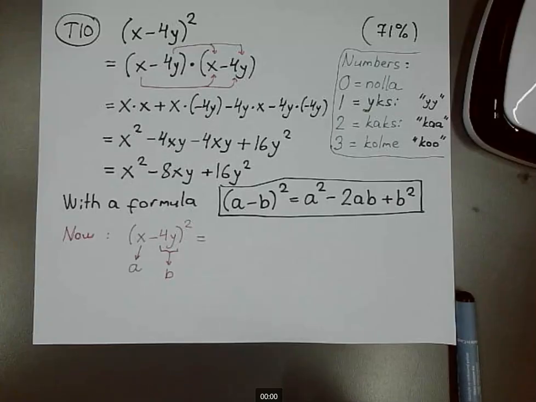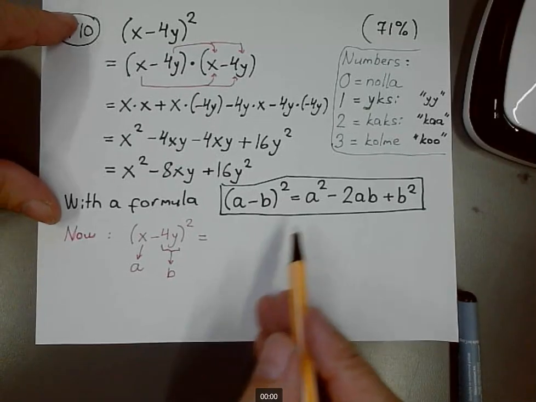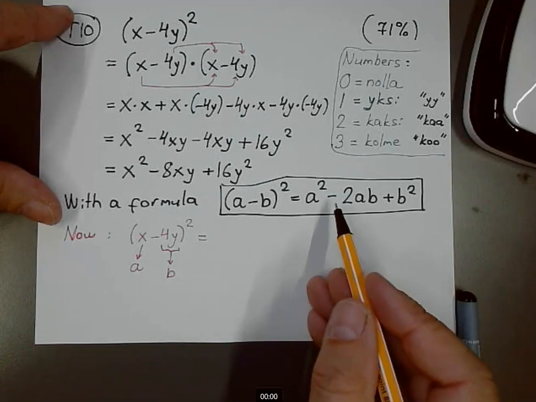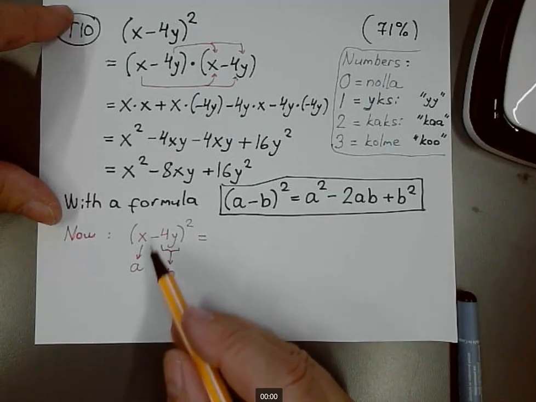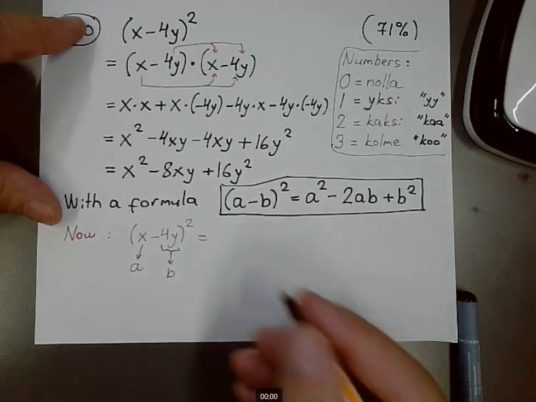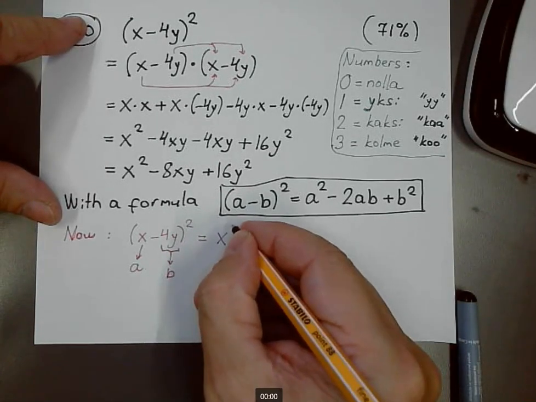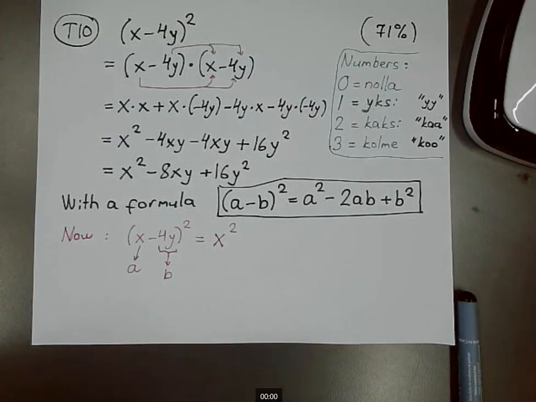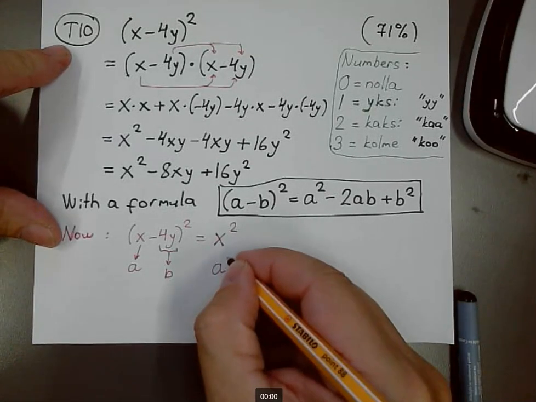So when we use this formula, we have a squared, or a to the power of 2, and now a is the same as x, so we have x squared, x to the power of 2. This is the same as a squared.